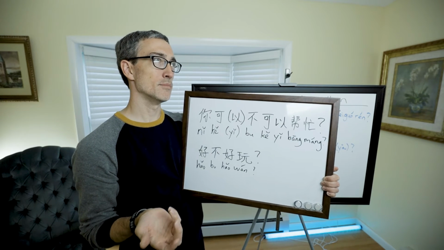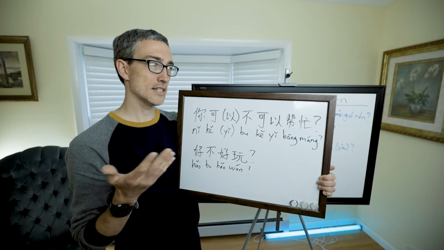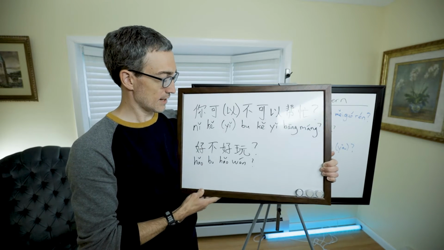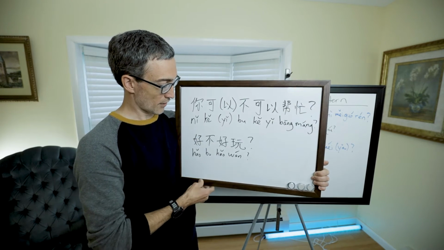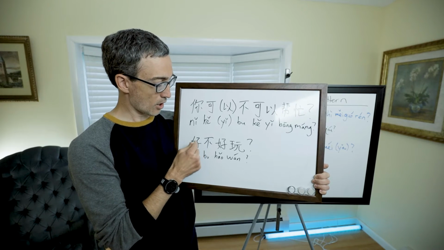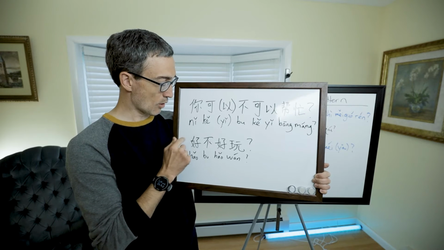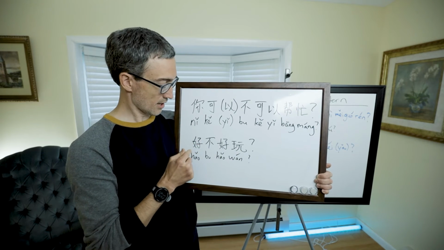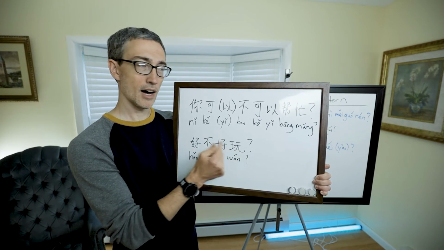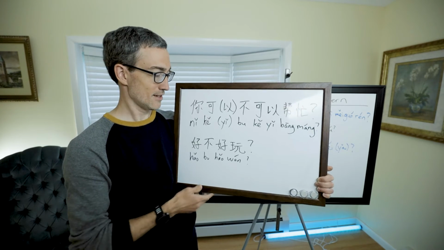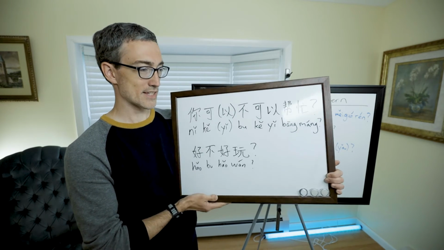It'd be 你喜不喜欢? And here it is in adjective form. If I'm saying 好玩吗? I'm changing it to affirmative negative. I can say 好玩不好玩, but I can also say 好不好玩? Does that make sense? So that's how that works.